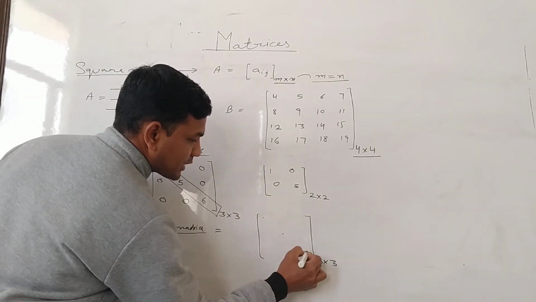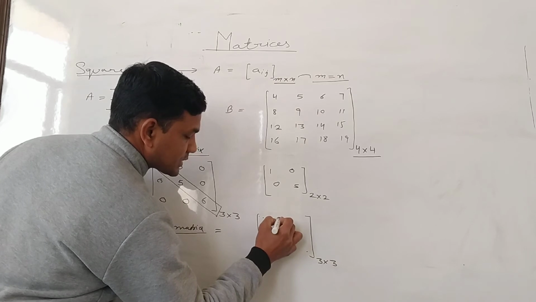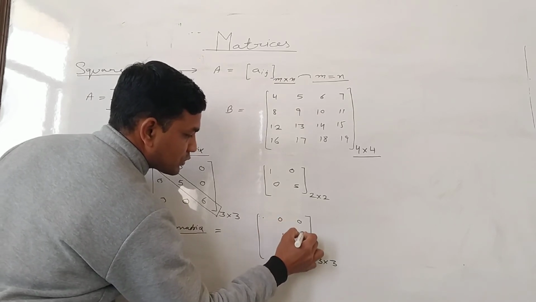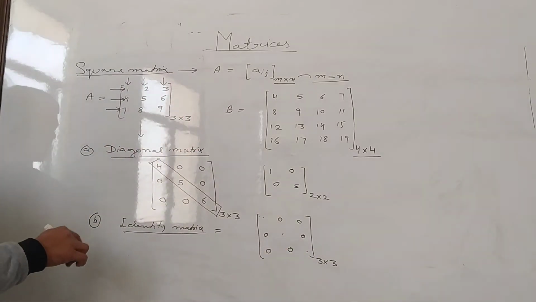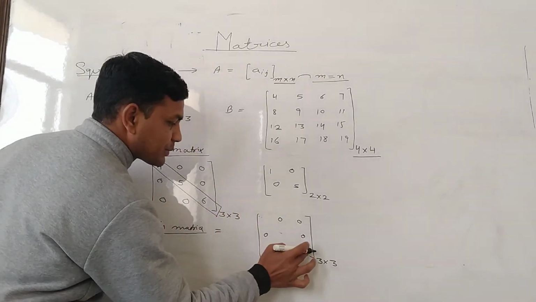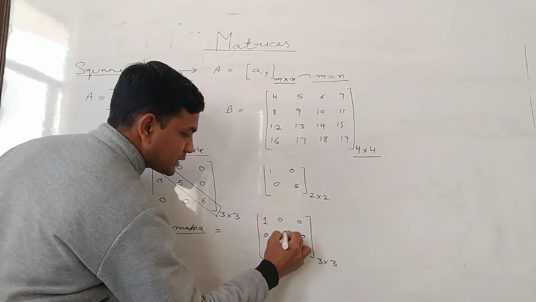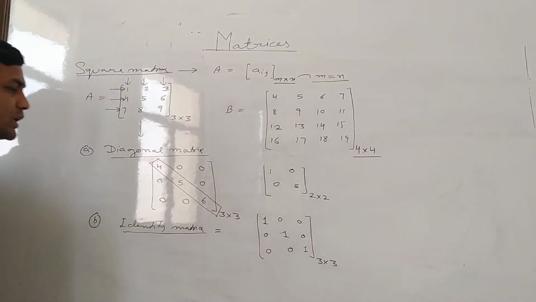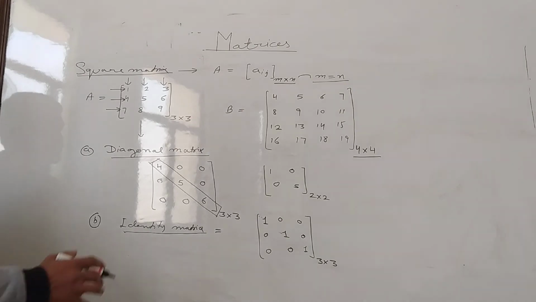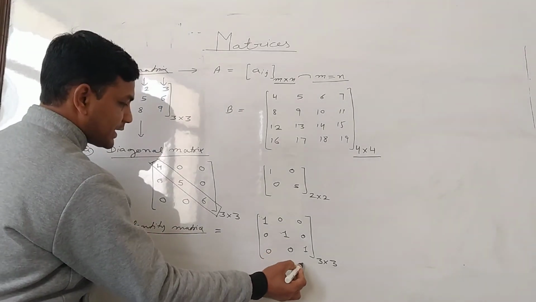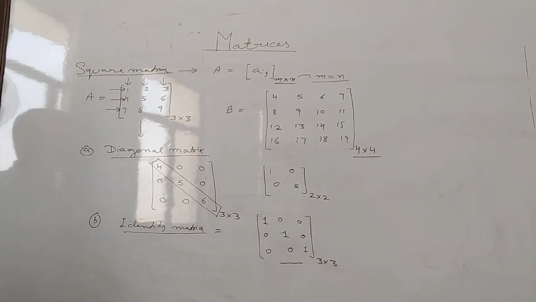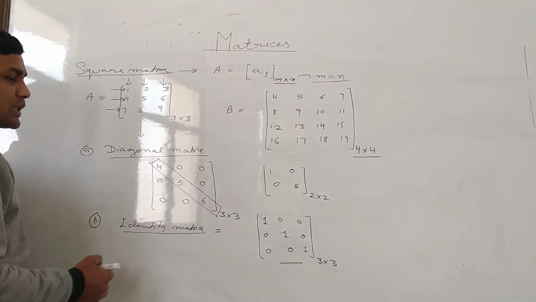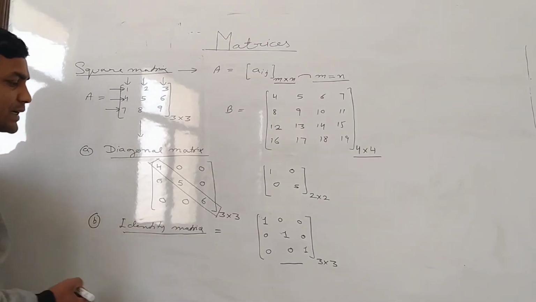It means it will have elements only here. The others are 0, 0, 0 and 0, 0 and 0. But in the principal diagonal, the unit elements are always present. This is 1, this is 1 and this is 1. So this type of diagonal matrix is known as an identity matrix, a diagonal matrix in which the diagonal elements are 1, 1, 1.